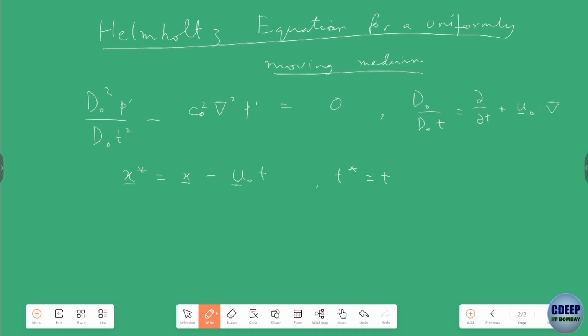So we could transform this equation to del squared p prime over del t star squared minus c naught squared del star squared p prime equal to 0.